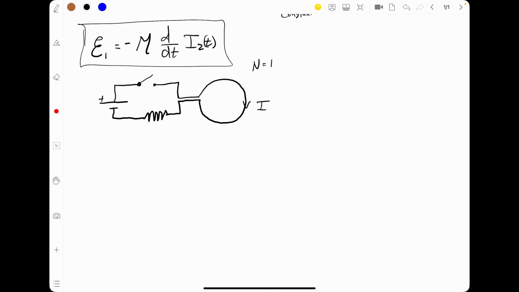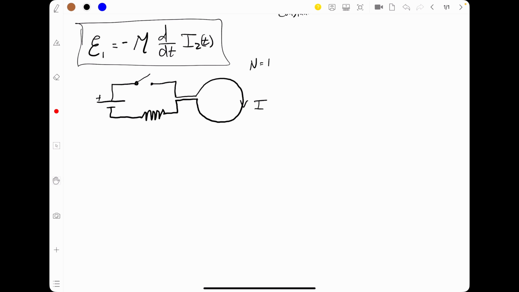So we've got n equals 1. N equals 1 inductor. What is the B field that's happening here? Well, on the inside, we can put our thumb along I, our fingers curl into the page here.